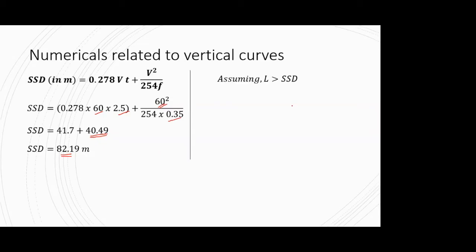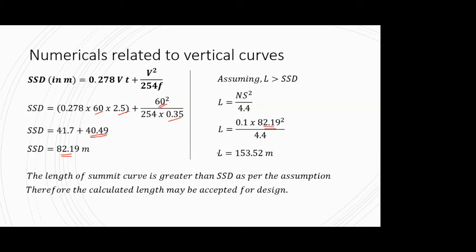You assume the length to be greater than SSD, use this formula, and substitute the value of stopping sight distance. The correct one is 82.19, and you get a value of 153. You see the assumption still holds true that the length of your summit curve is greater than your stopping sight distance. So you can adopt this value for the design itself.